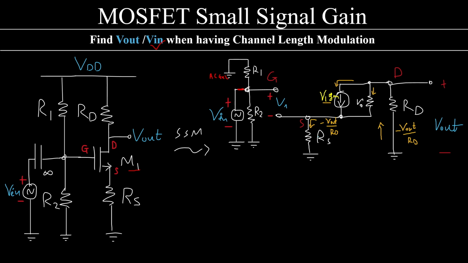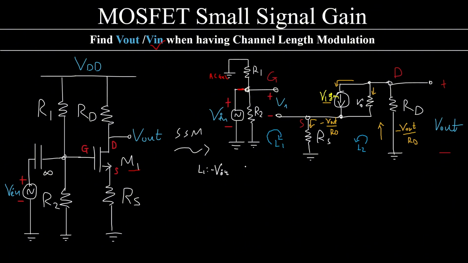Now, there are two loops here. This one I'll name L1, and this one L2. Step number 2 is to take a KVL for both of these loops. For L1, we enter a negative terminal, so I'll put this with a minus sign, arbitrarily.